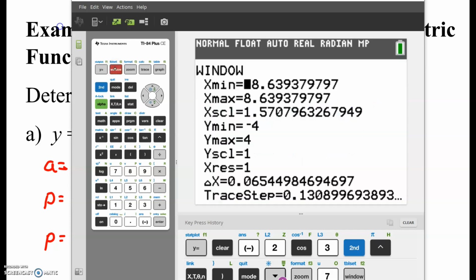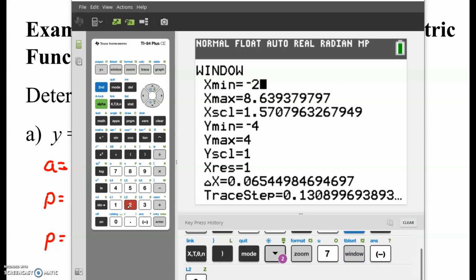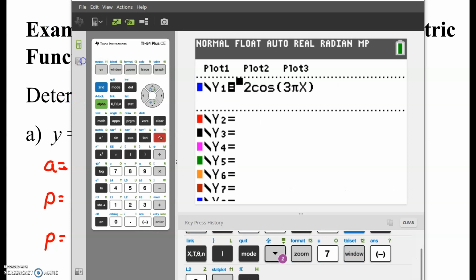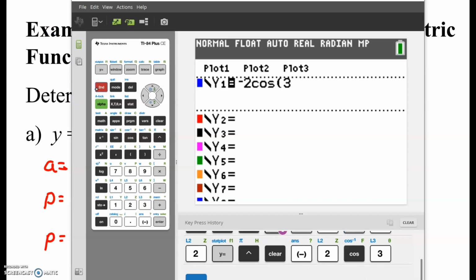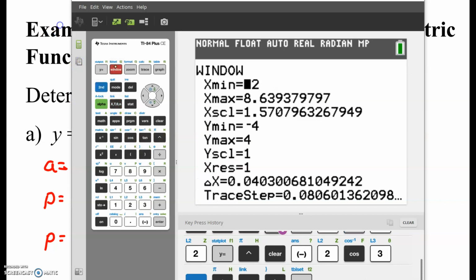I'm going to change the window a little bit. Let's go negative 2 pi. Oh, that's not what I wanted. Actually, I don't want to use pi.